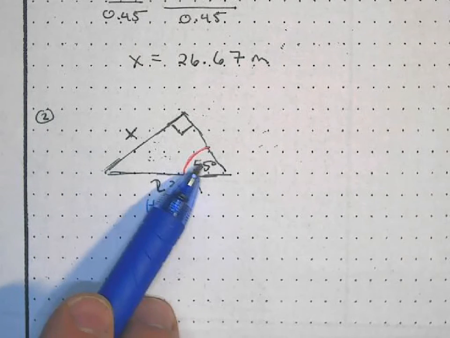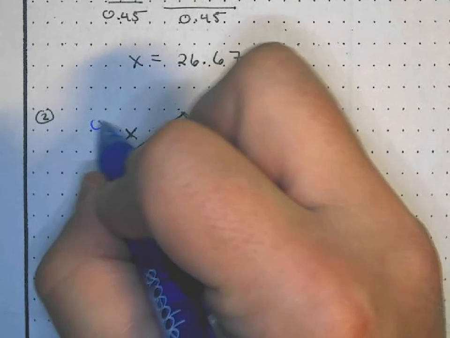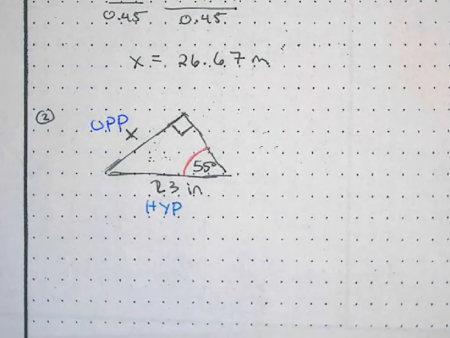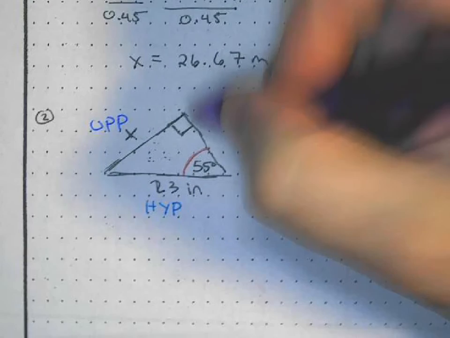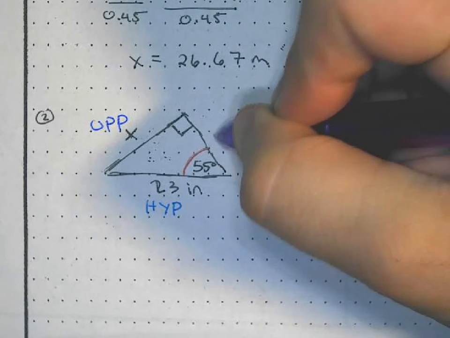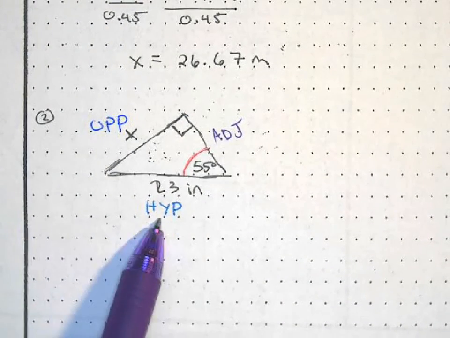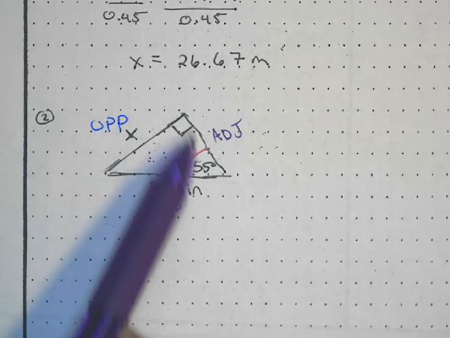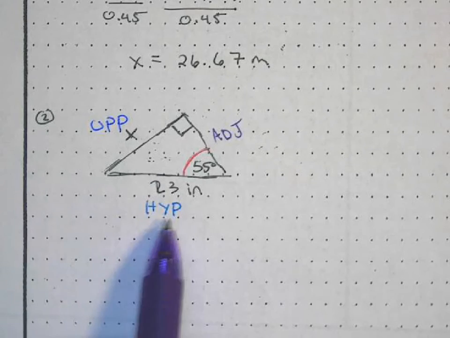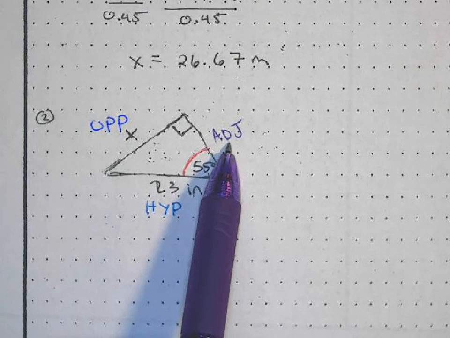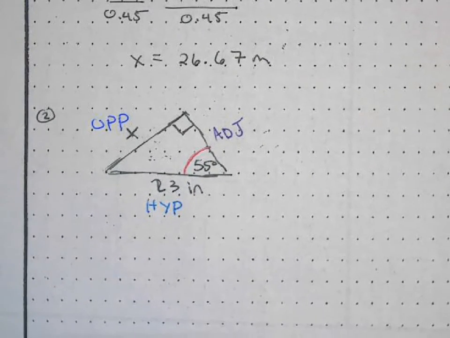Across from my focus angle is always my opposite side. And then the side touching my focus angle is my adjacent. Touching, but not the hypotenuse. So hypotenuse is touching my focus angle, adjacent is touching my focus angle. This one's already hypotenuse, so we're going to call this side the adjacent.